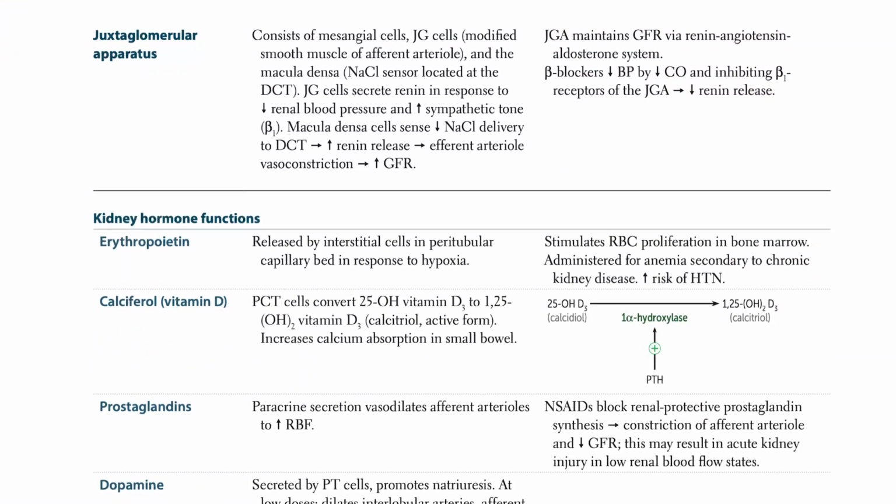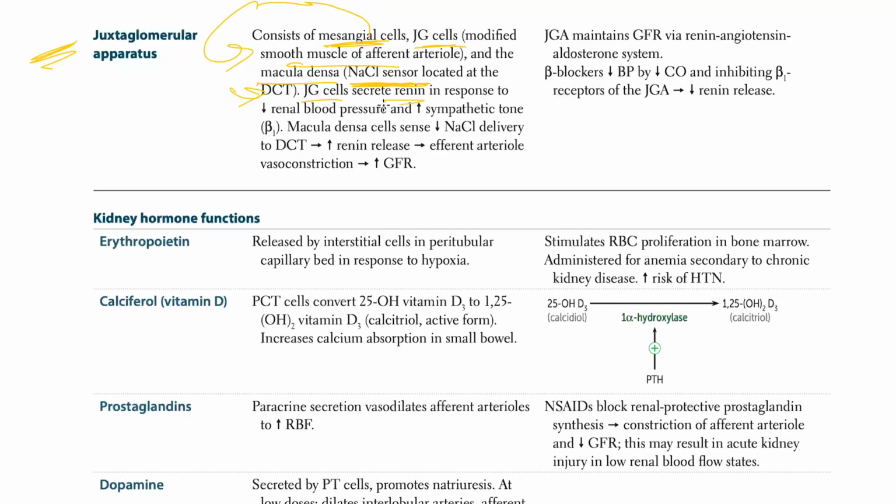So let's talk about now the JG apparatus. The juxtaglomerular apparatus consists of mesangial cells, JG cells, modified smooth muscles of the afferent arterioles, and the macula densa, or the sodium chloride sensor located in the DCT.